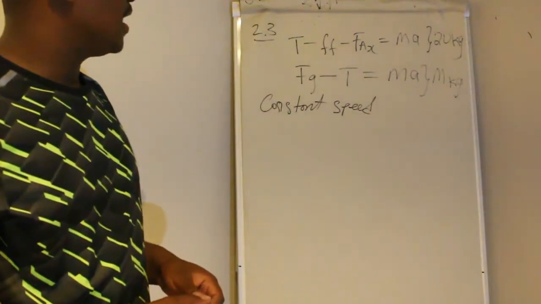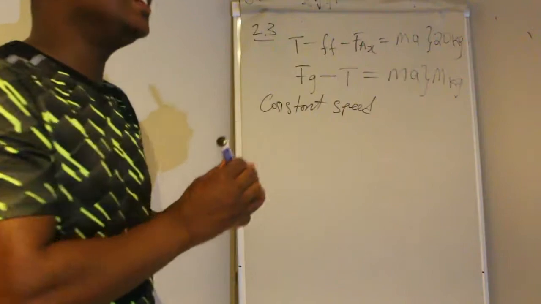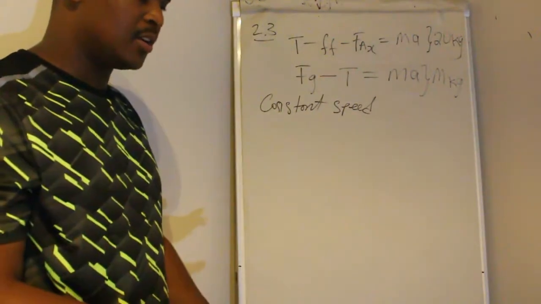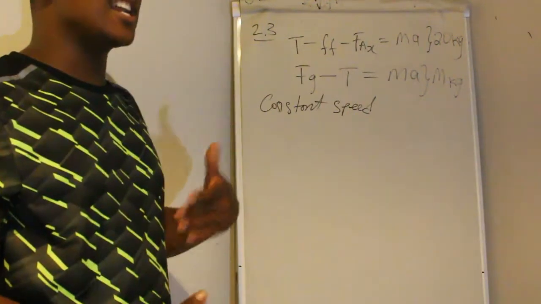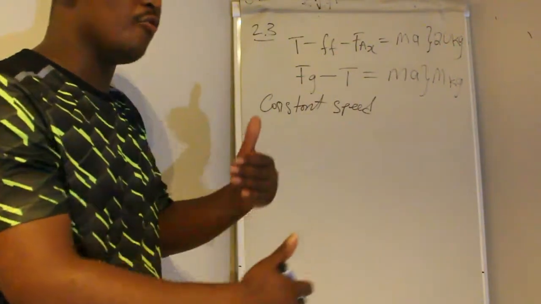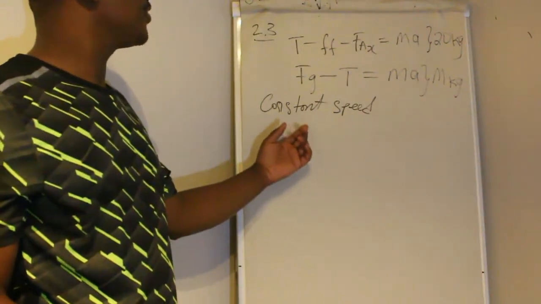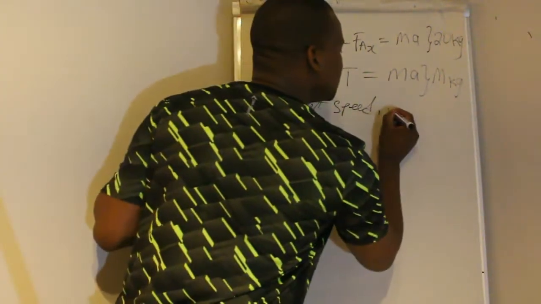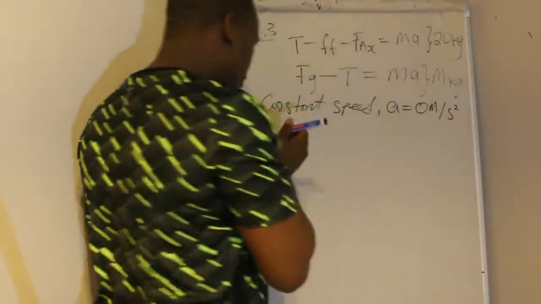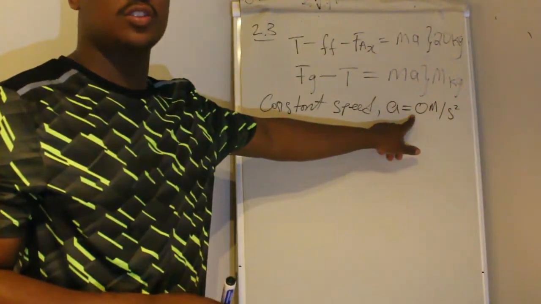What that means is, if your system is moving at a constant speed, it is not accelerating, which means the speed is not changing. Acceleration is the rate at which velocity changes, whether decreasing or increasing. So if they say constant speed, there is no acceleration. If you're told that it's moving at a constant speed, know that the acceleration is 0 meters per second squared.